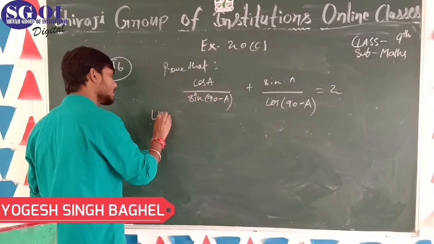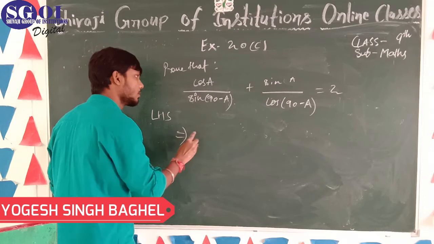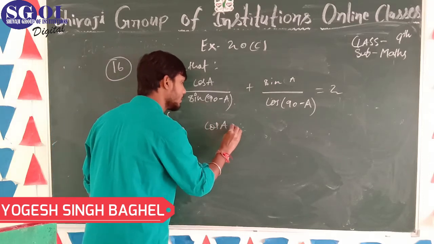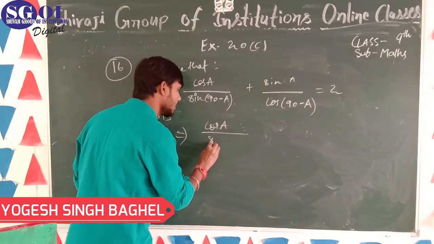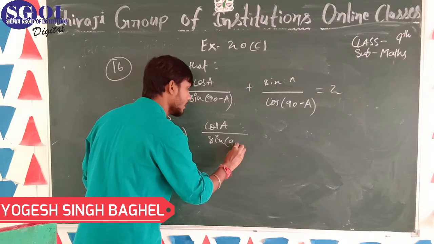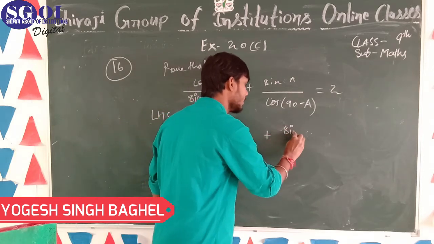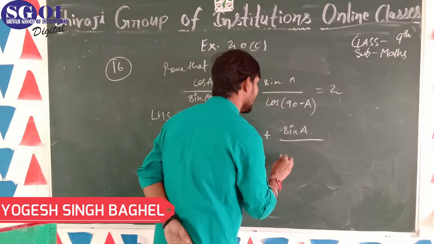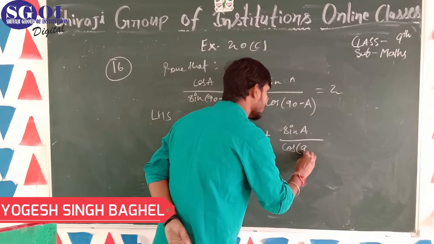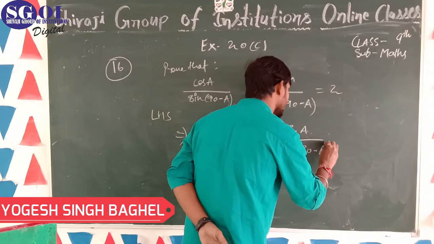So we take LHS: cos A upon sin 90 minus A plus sin A upon cos 90 minus A.